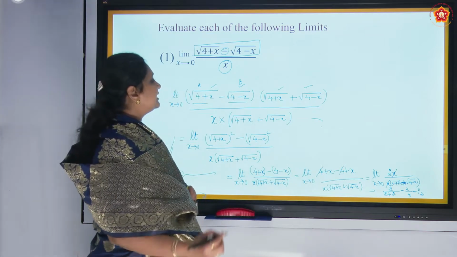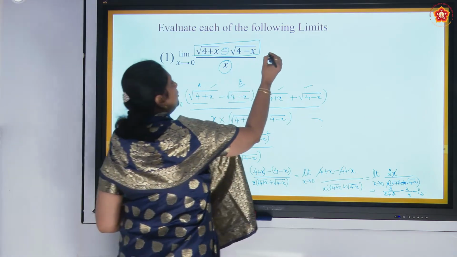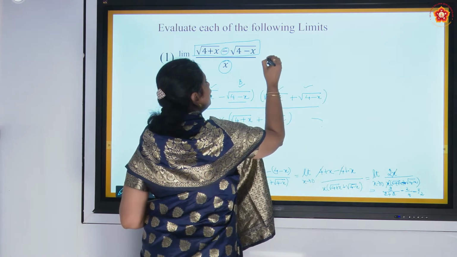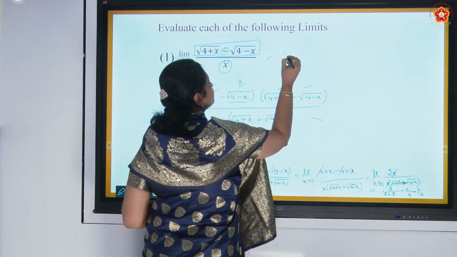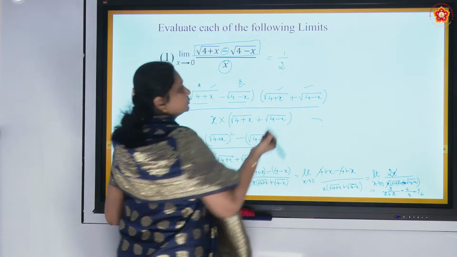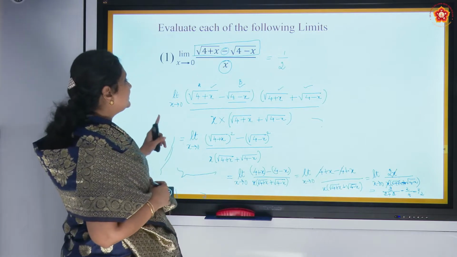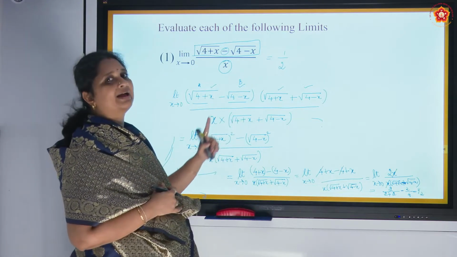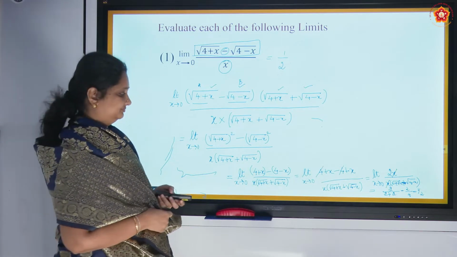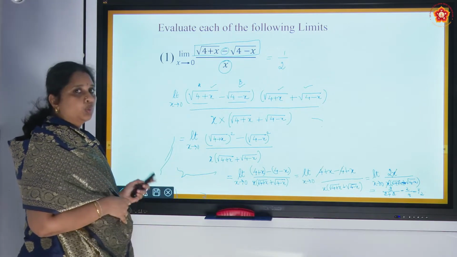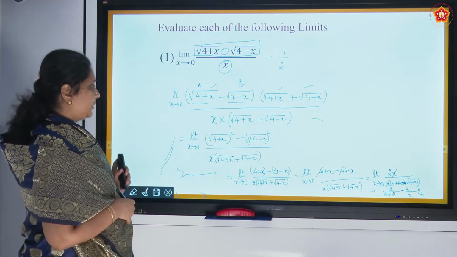So limit x tending to 0, root of 4 plus x minus root of 4 minus x by x is equal to 1 by 2. Okay, so when x is 0, this function takes a value of half. Hope you've understood. We'll move on to the next question.